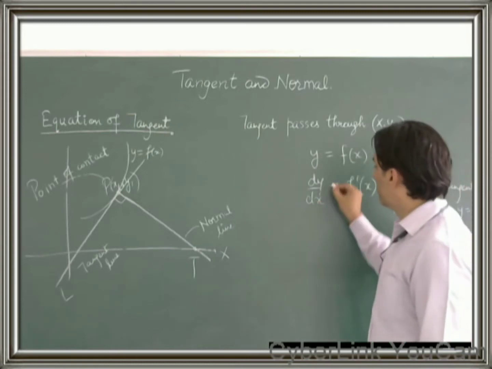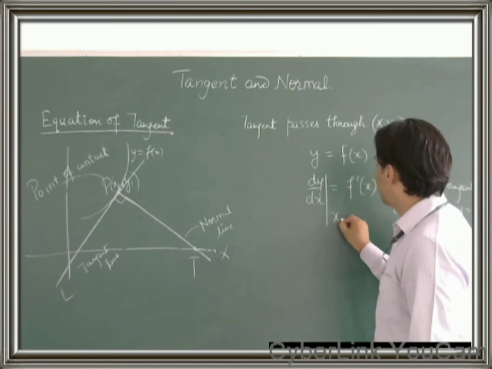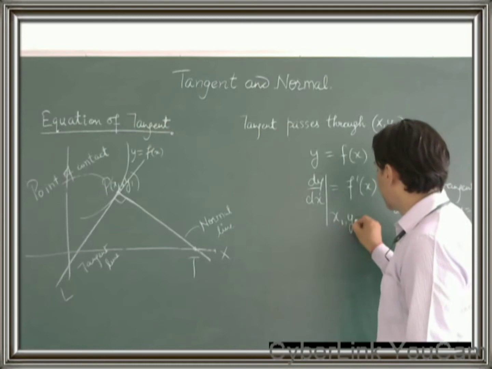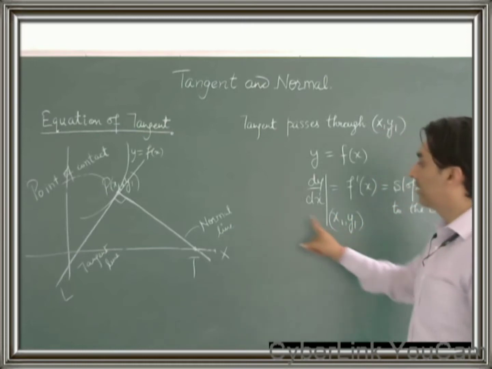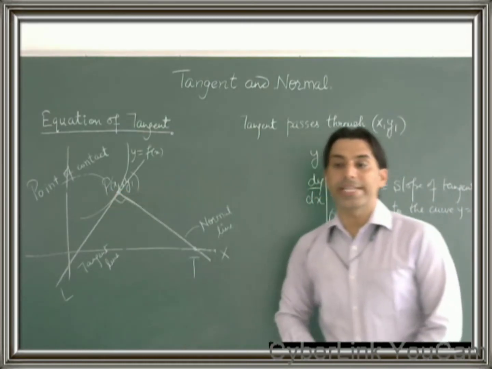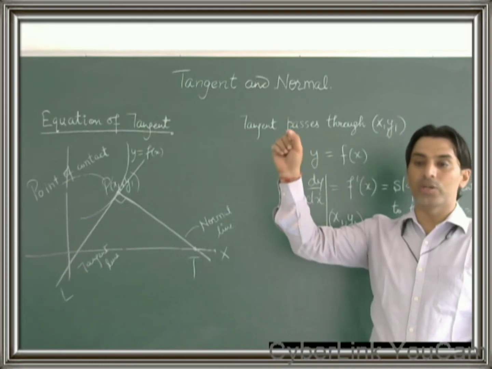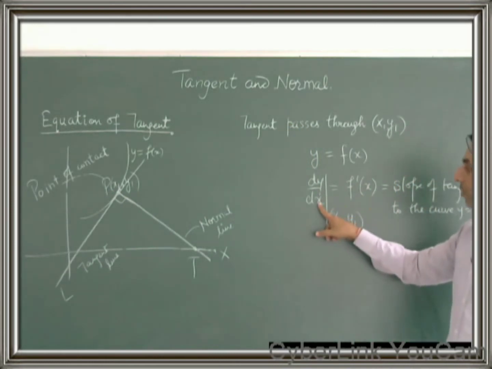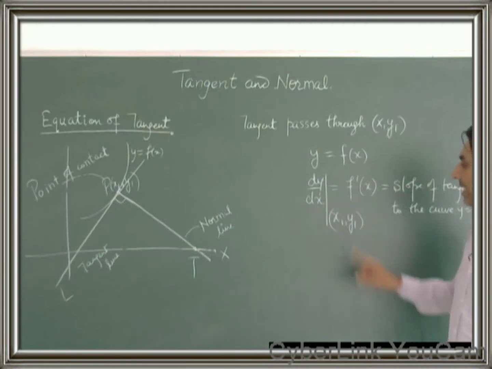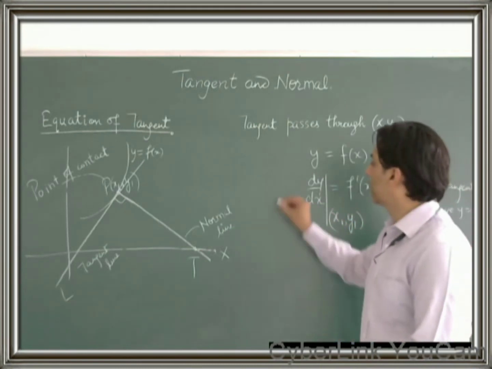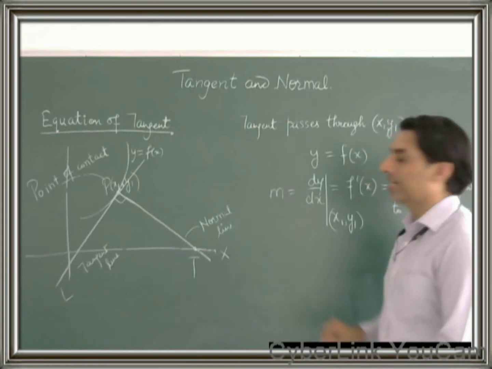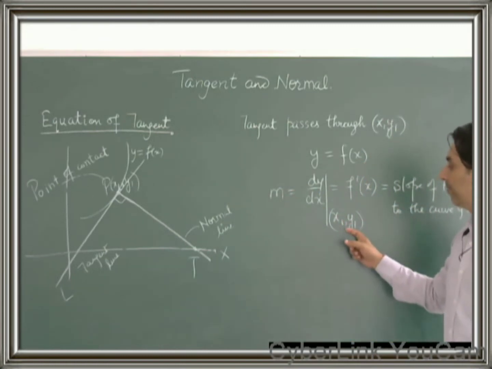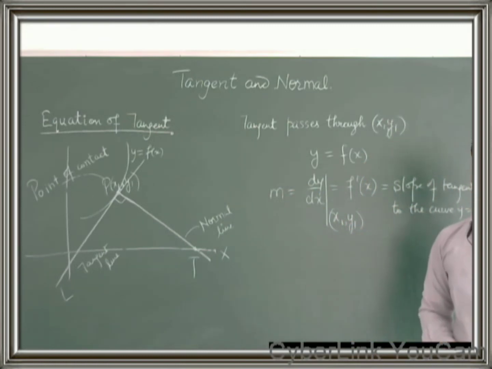Fine. Now the slope we will find at a particular point, and this point is known as your point of contact, the point at which your tangent touches the curve. So we will find the value of dy by dx at the point x1, y1, and it is known as your slope of the tangent line at the point of contact.